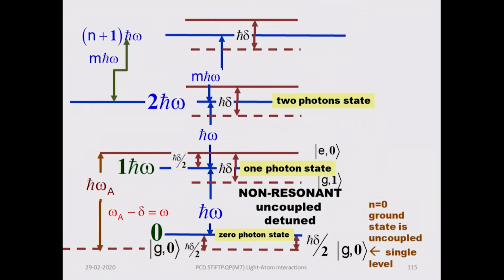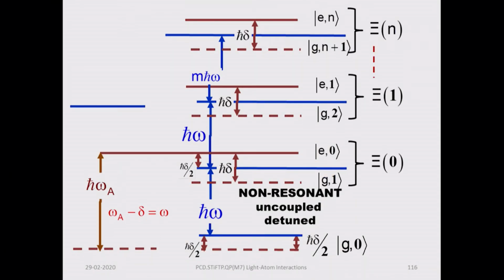around that you will have these pairs of levels, okay, which are denoted by sigma and the number of photons when the atom is in the excited state. So, sigma 0 is this state, and the number of photons when the atom is in the ground state is 1.